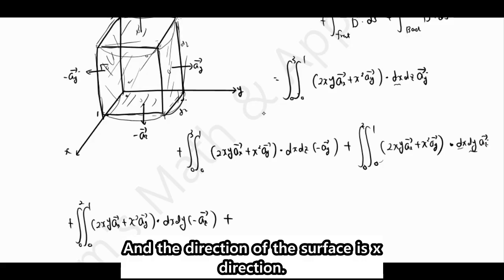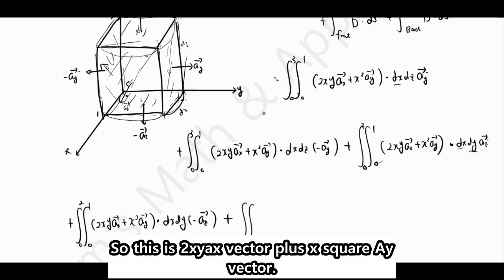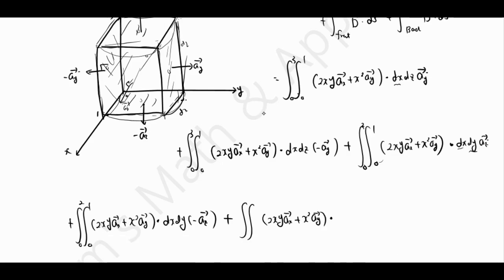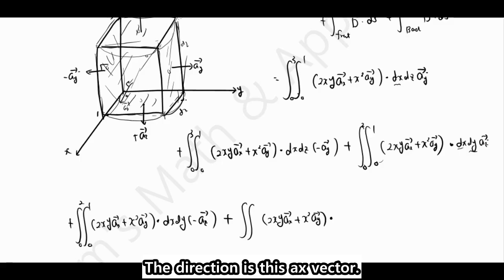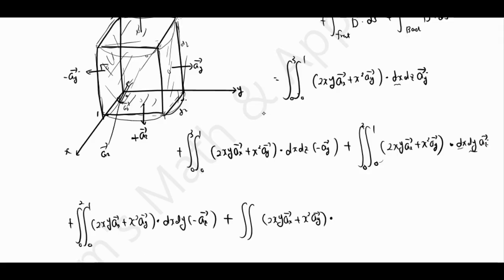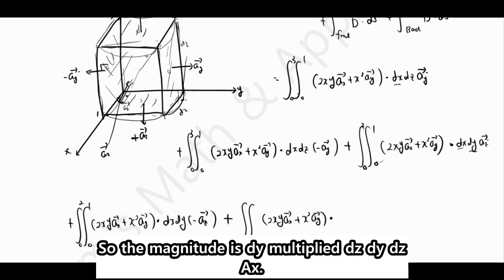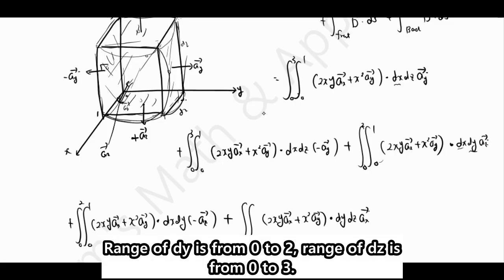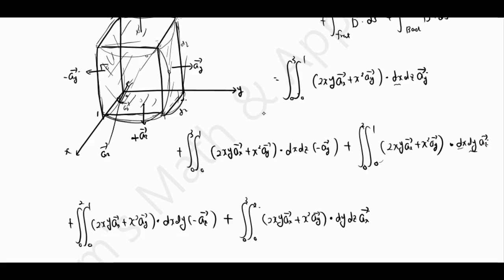And front surface, the direction is x direction. So this is 2xy ax vector plus x squared ay vector, and the direction is ax vector. So magnitude is dy dz, ax. Range of y is from 0 to 2. Range of z is from 0 to 3.